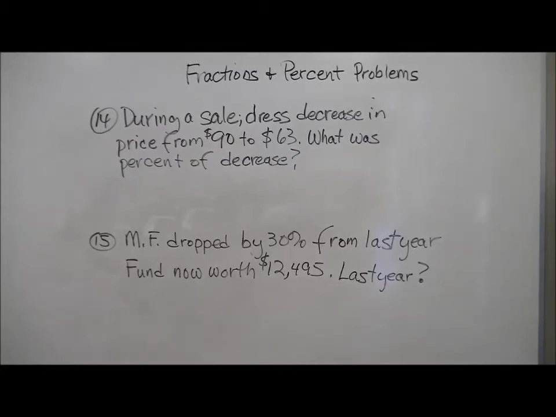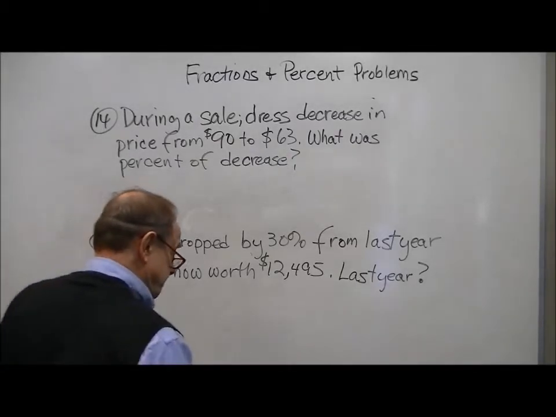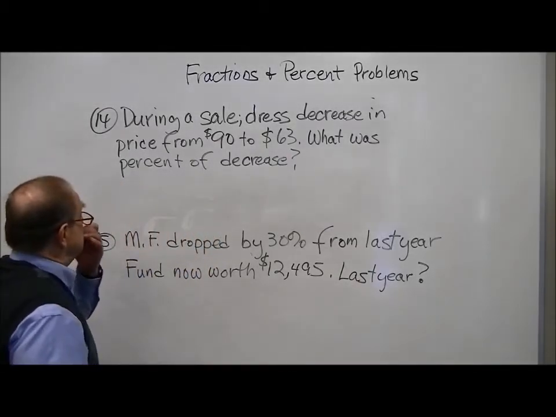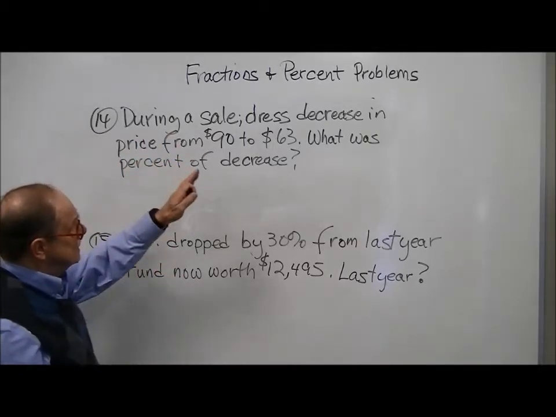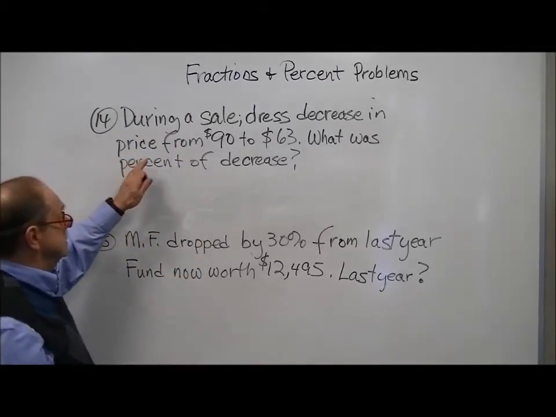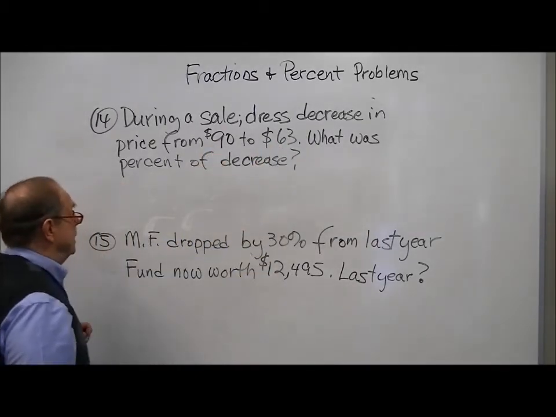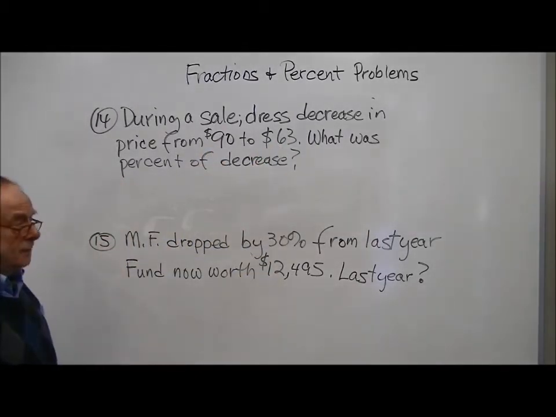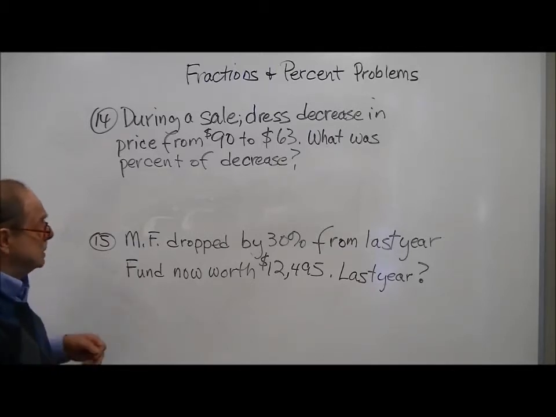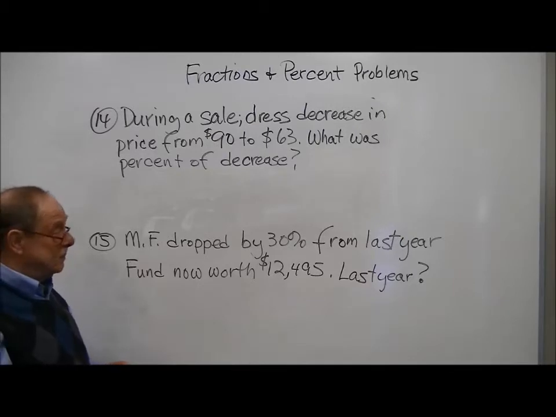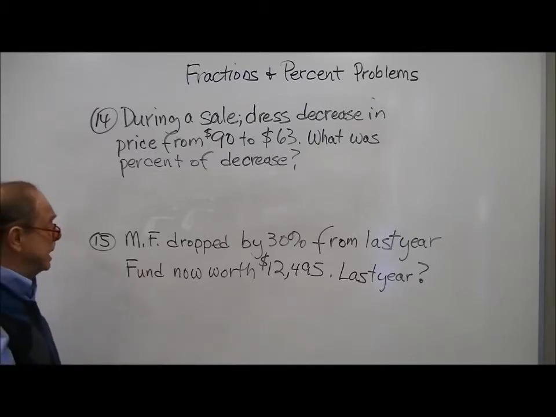Okay, these will be our last two. It says during a sale, a dress is decreased in price from $90 to $63. What was the percent of decrease? Now, for this type of problem, whether it's decrease or increase, it works pretty much the same.